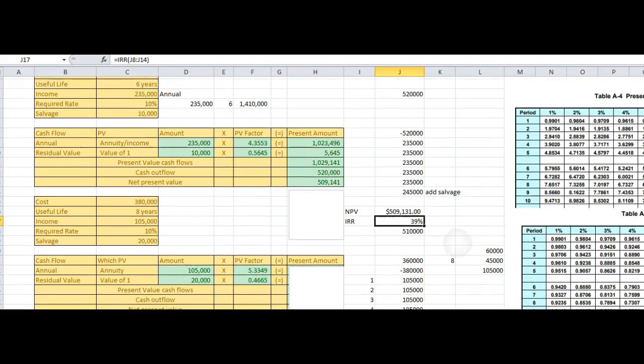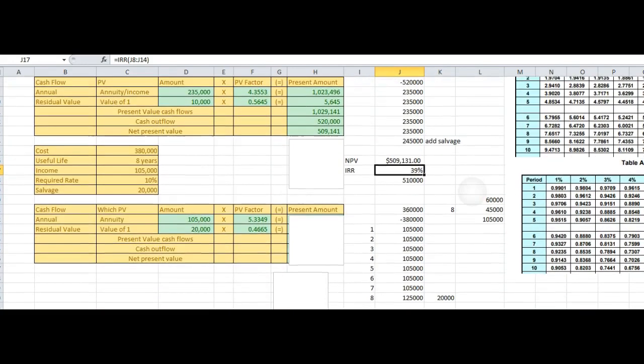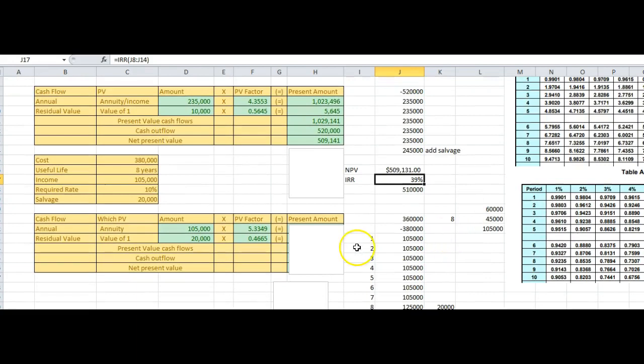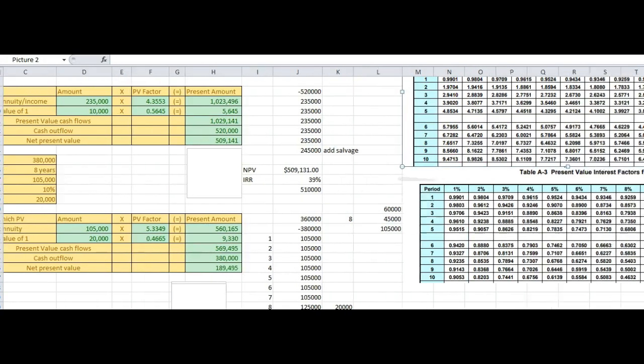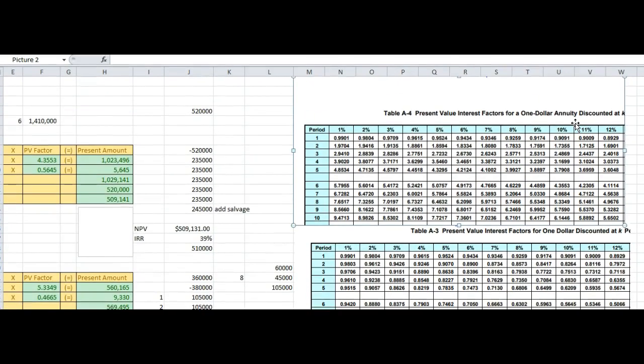Now, if I wanted to compare projects, I've got two. I've got one at 520 and 380. I would do the same thing for the one at 380. It's going to pay back in 8 years, though. Its useful life is 8 years, so it's a little bit uneven. Again, I would go to the tables, this table, and find 8 years at 10%, and find out that my rate is 5.3349.